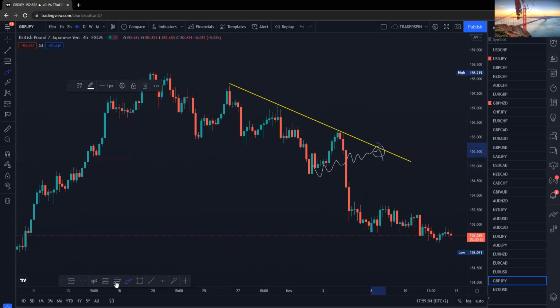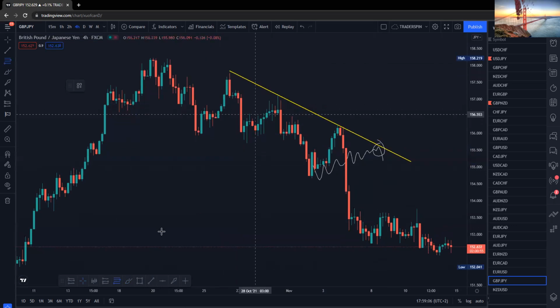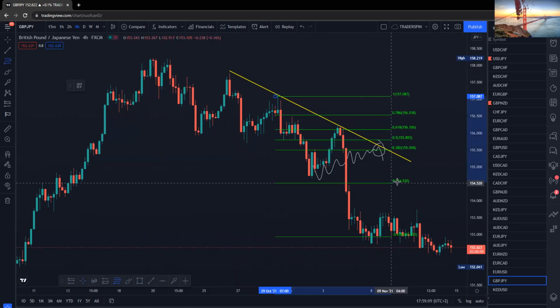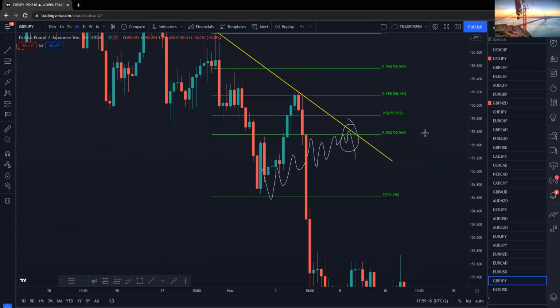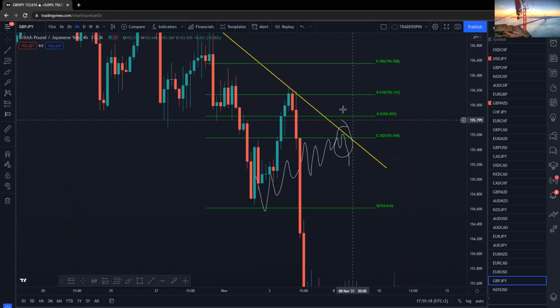And then now we take our Fibonacci retracement and then we put it down here, right? You can see that price here on our third touch didn't actually make it to our 0.5 zone, right?